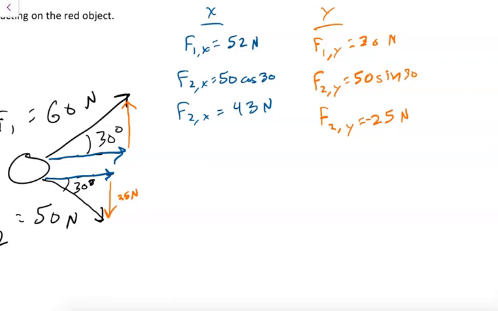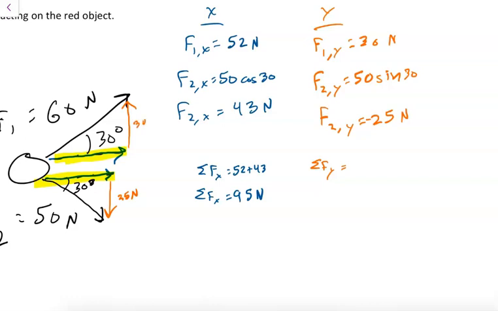So my net force in the x direction is going to be the sum of these two lines, which would give me 52 plus 43. So my net force in the x direction is 95 newtons. But for my net force in the y direction, we need to identify that one's going up and one's going down.